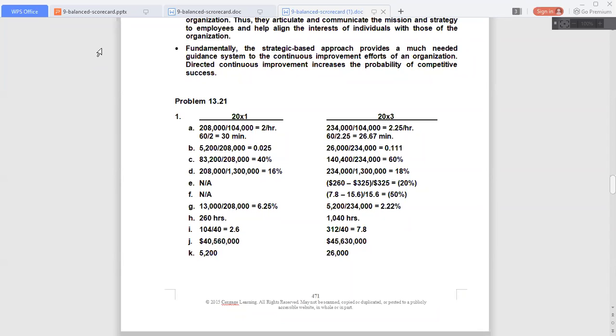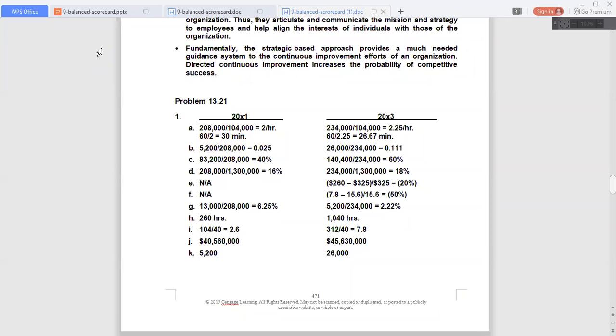So you get 2 per hour, and 60 divided by 2. Considering that the actual production is in number of units and then we have the production hours, meaning units divided by hours, so 2 units per hour. 60 divided by 2 means each unit requires 30 minutes.